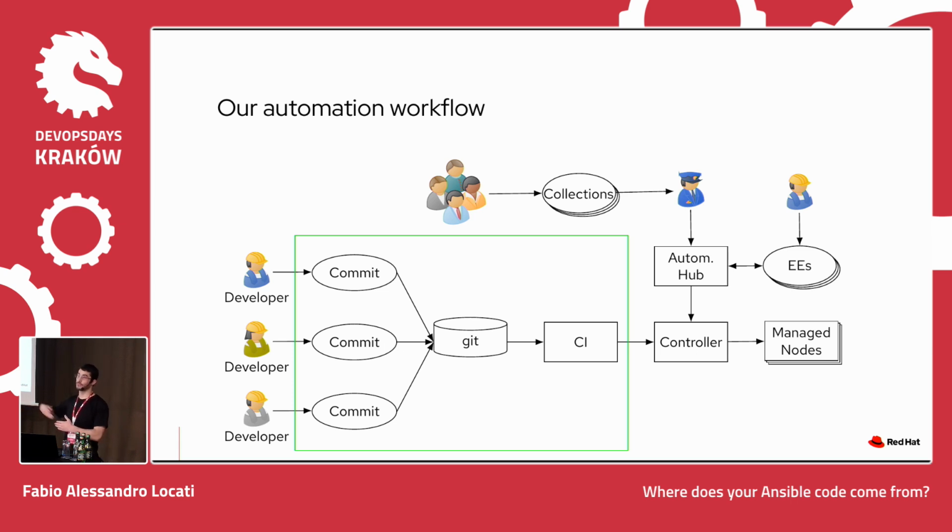Because if it would land directly on the controller, that would mean that we would be trusting those developers' keys to be run on the controller, which means that they could potentially skip the CI. So if we check it in the CI, then we are sure that they are not skipping the CI.